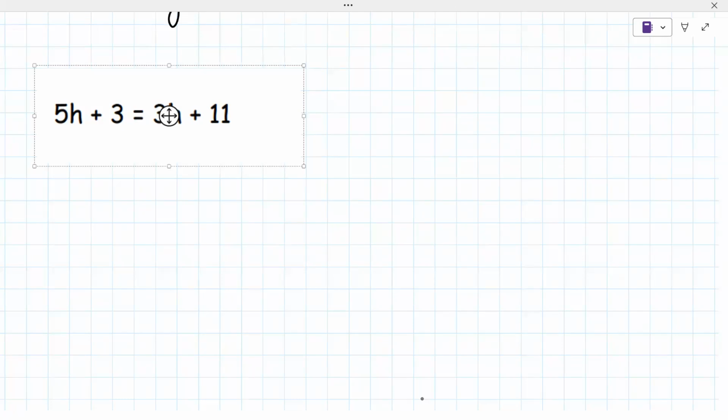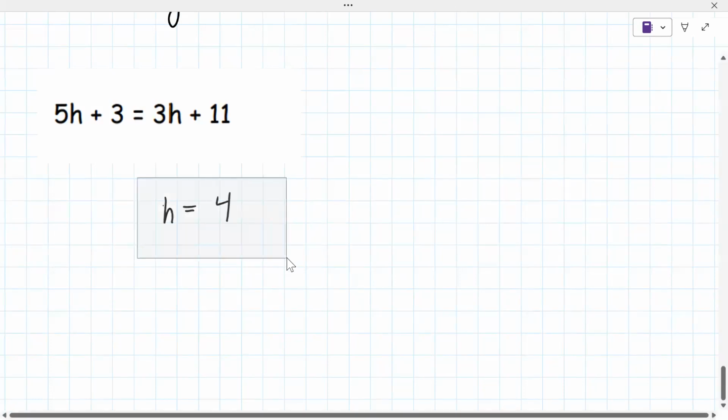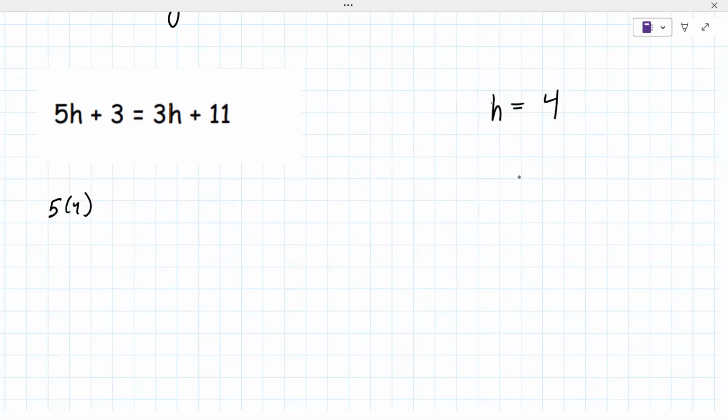H equals 4. All right. So one of the ways that we can check this, without actually doing the work, is just trying the number. 5 times 4 plus 3, that's 23. Does that equal 3 times 4 plus 11, which is 23? Yes, it does.